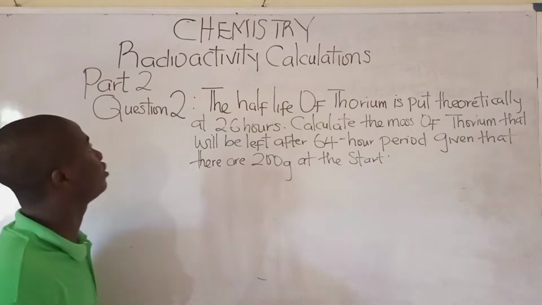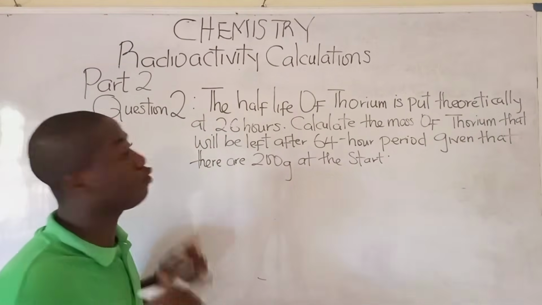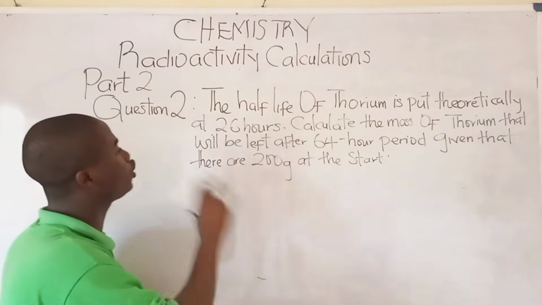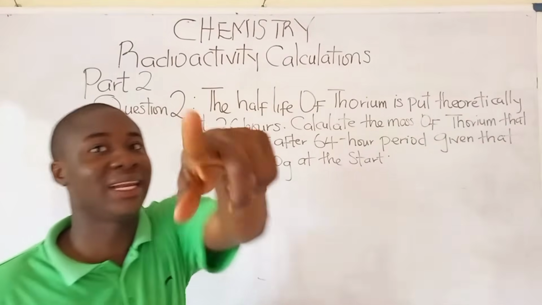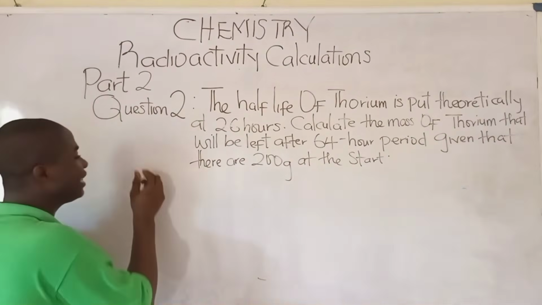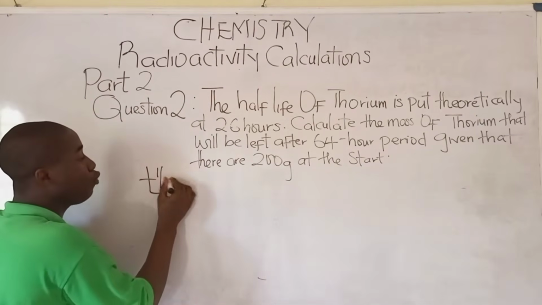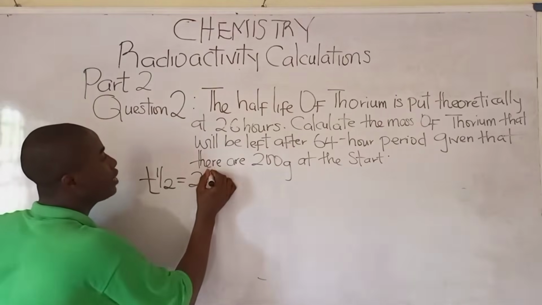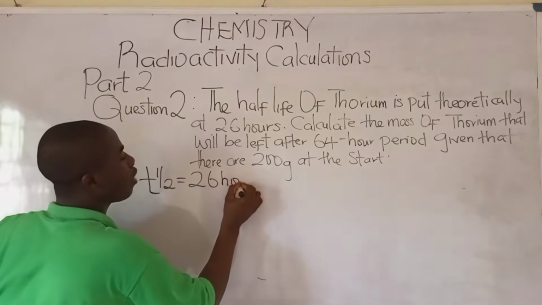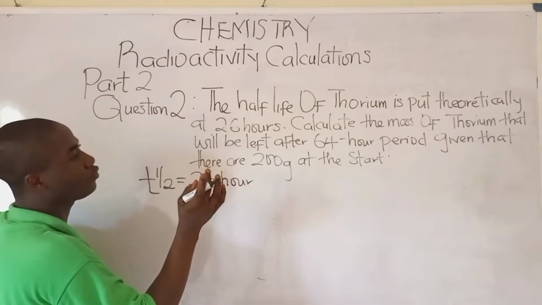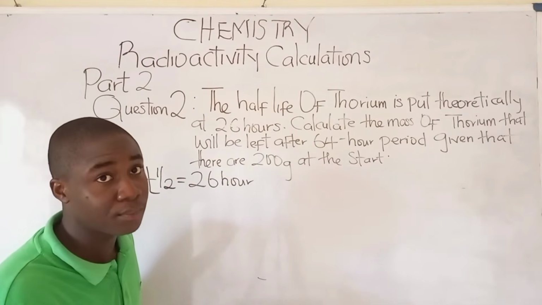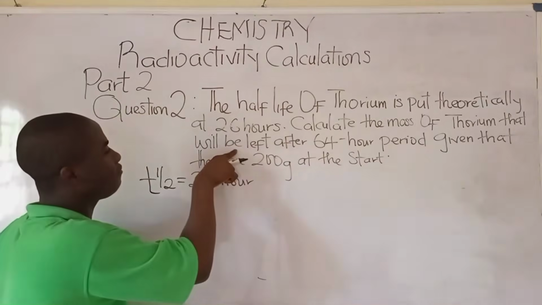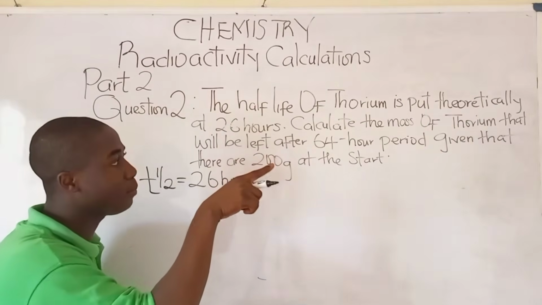Now, this question says the half-life of thorium is put theoretically at 26 hours. So what comes to our mind? Half-life. They said that the half-life of thorium is put theoretically to be 26 hours. That is the half-life of thorium. Calculate the mass of thorium that will be left after a 64-hour period.